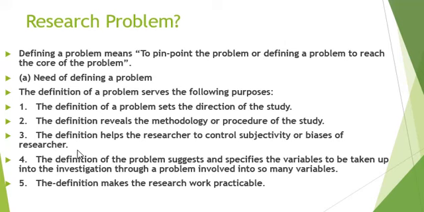Now we are moving to the third: the definition helps the researcher to control subjectivity or biases of the research. When you are defining such a problem, it can help you as a researcher to control subjective ideas and your biases towards something.